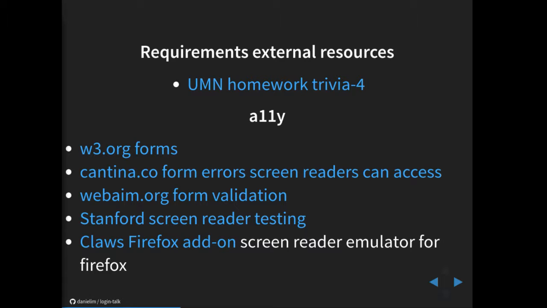Here I'm just listing a whole bunch of resources for accessibility. The UMN homework trivia 4, that's what I use for the basic stuff, for the requirements, saying warnings, what fields are needed. So it helped me set the list of requirements.